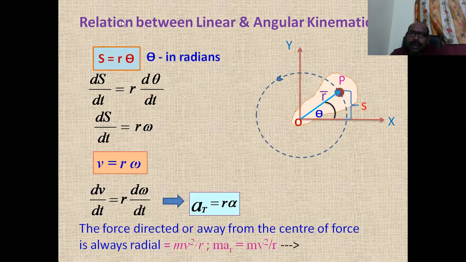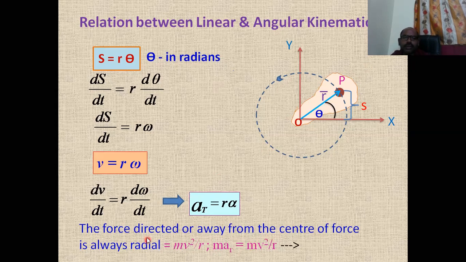Here we are seeing the tangential component we have seen just before. So the radial force is either along the radius vector, extending just like this, or towards the point O, away from O or towards O. Anyway, the force direction is along the radius vector r, whether it is parallel to r or opposite to r.